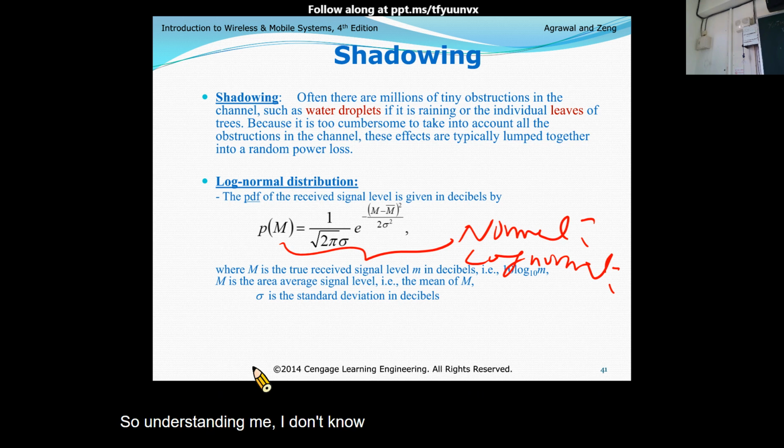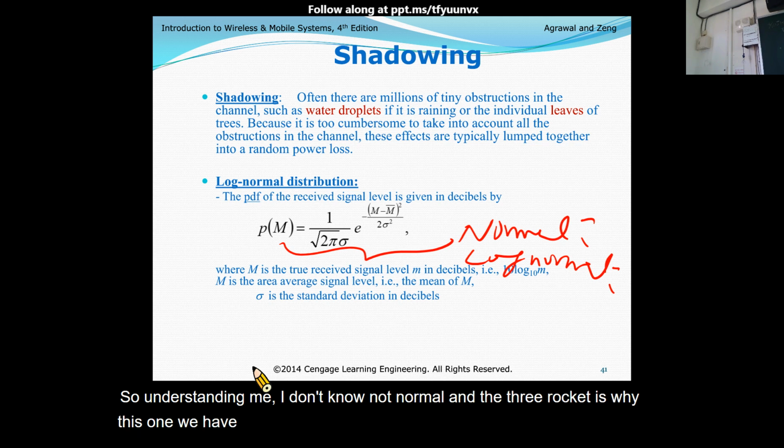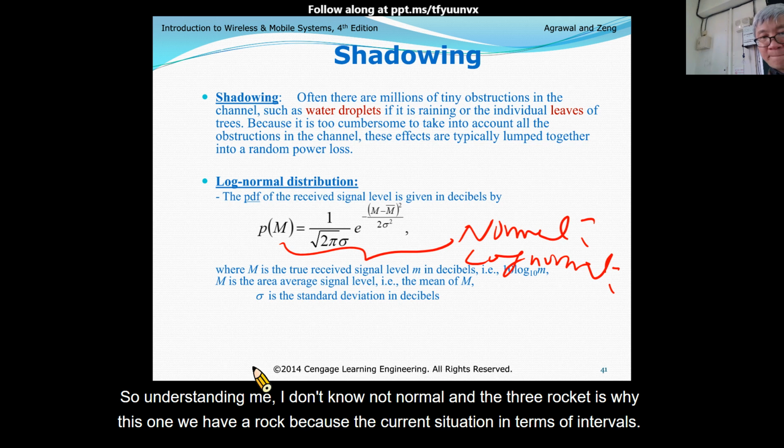And why do we have log here? Because the current description is in terms of decibels. Decibels actually tackle logarithm first.